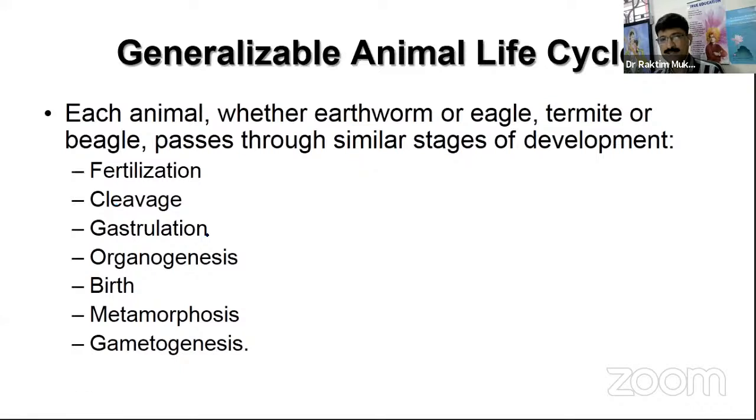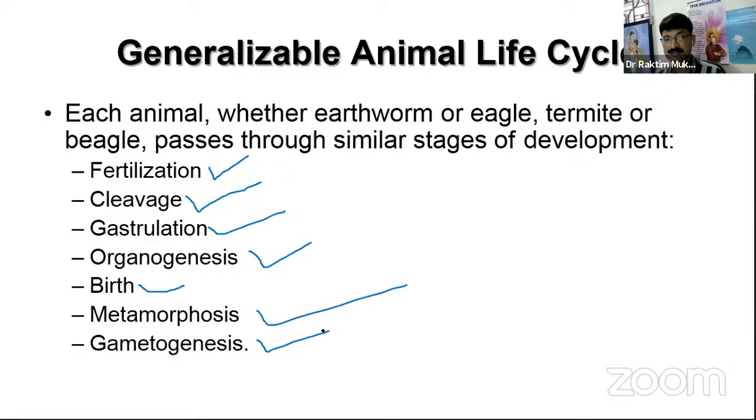So whichever organism you take, it has to pass through all these stages, and each stage is a separate topic in developmental biology: fertilization, cleavage, gastrulation, oogenesis, organogenesis, birth, metamorphosis, and finally, again, gametogenesis. So every animal, whether it's a lower animal or a higher vertebrate, has to pass through multiple stages of development.